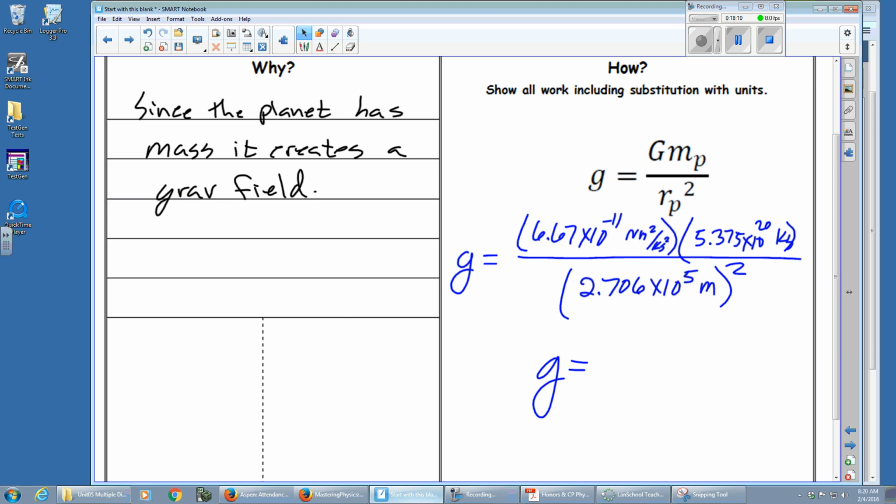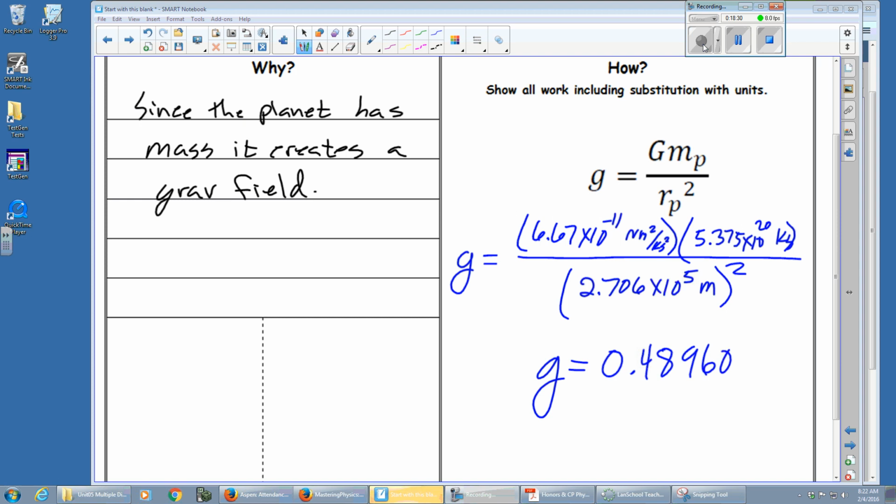So you try it, I'll try it, and then we'll move on to part B. All right, so I got mine correct, which for me, my answer was 0.48968 newtons per kilogram.